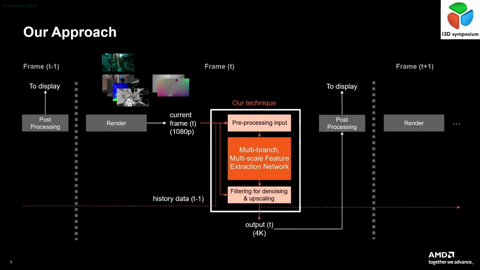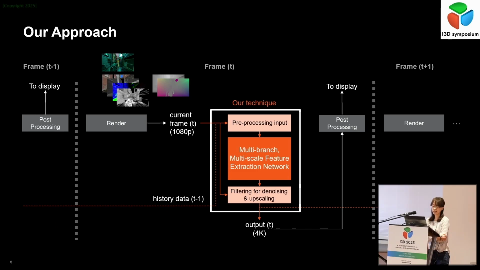So here is a high-level view of our approach. The current frame at lower resolution is the input to our technique. The current frame includes the noisy color buffer and G buffers like albedo, normal, roughness, and we also have depth and motion vector.